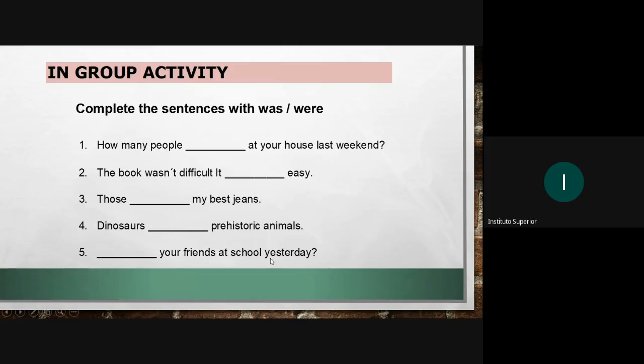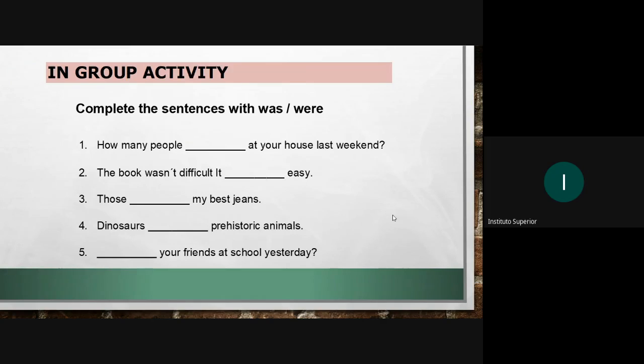Now let's keep you moving. In group activity, we'll do it simultaneously. We're going to practice this, and I need your help. Complete the sentence with was or were. Someone please do number 1. How many people were at your house last weekend? Very good.